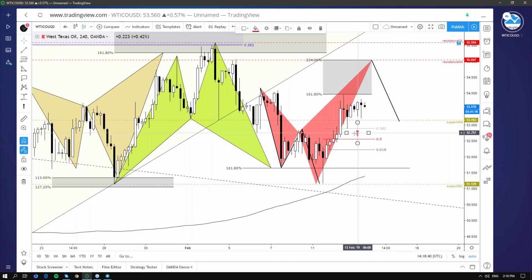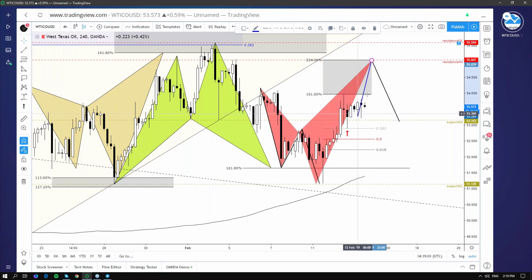If the market decides to pull back, to print a relief and to find some support at the 38% retracement, it may search for that 224 extension above eventually, but again, we need to break above this level in order to increase that probability.